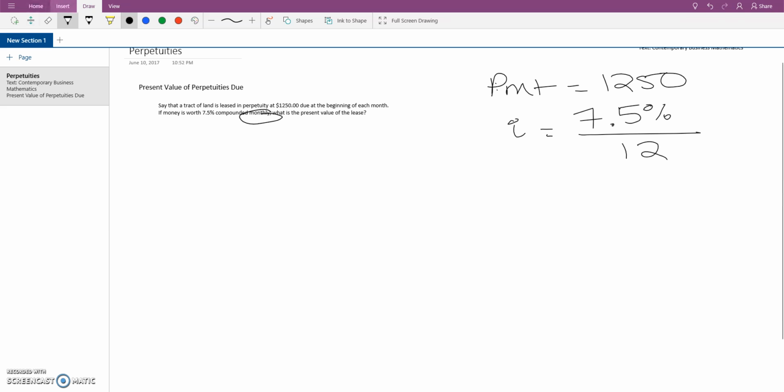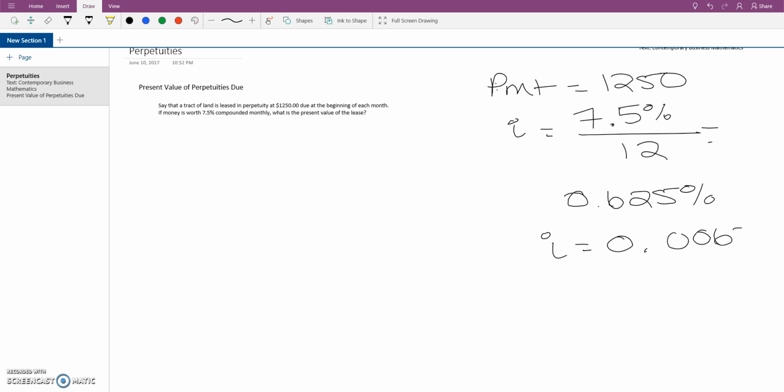So what we do is the math of 7.5% divided by 12, which equals 0.625%, otherwise in decimal form, 0.00625. And that now is our interest rate.